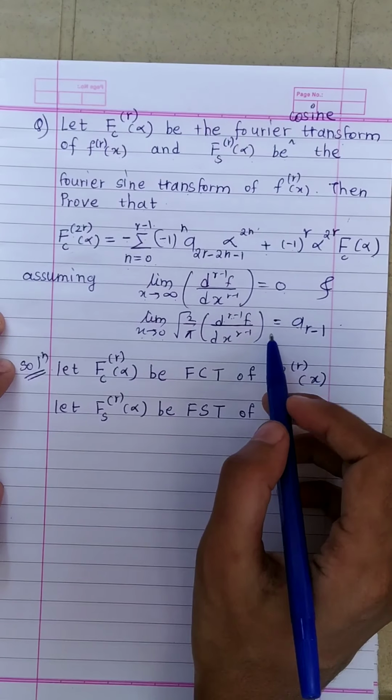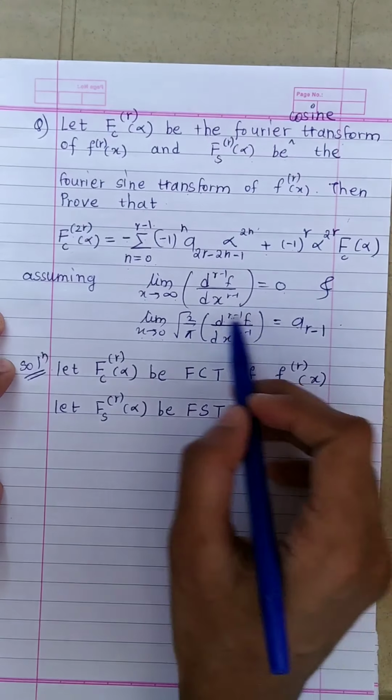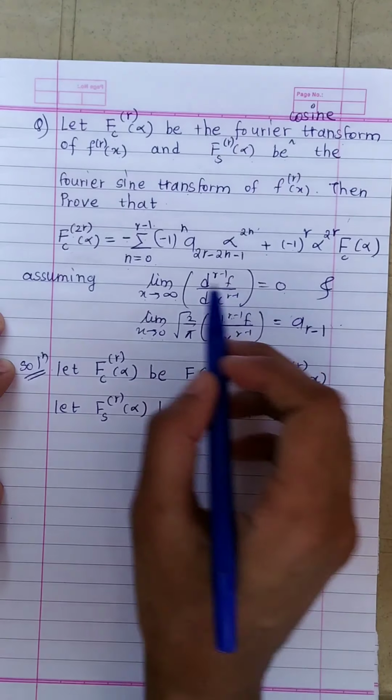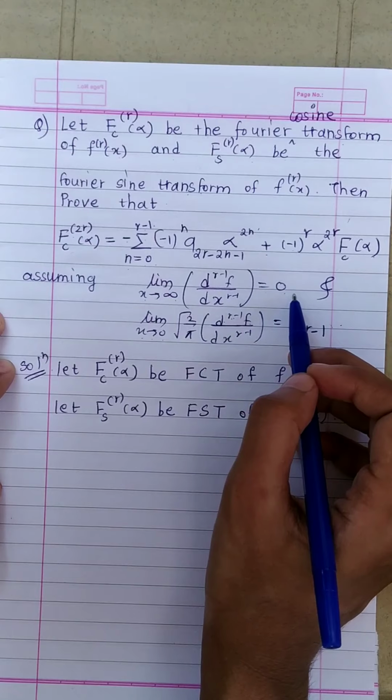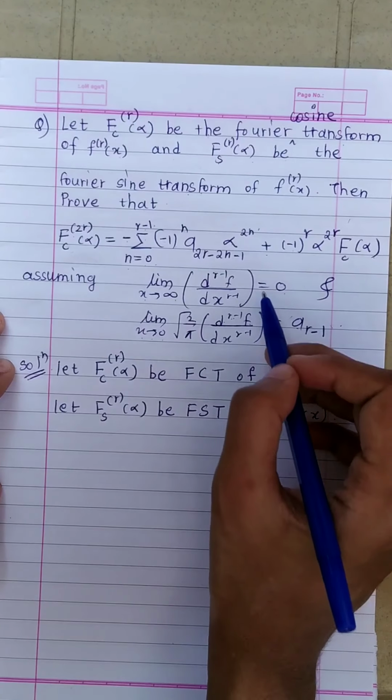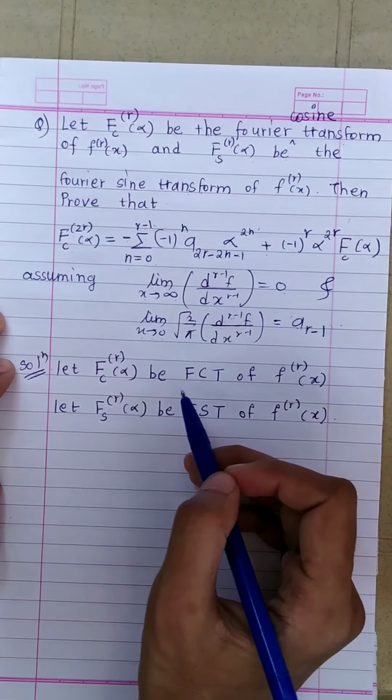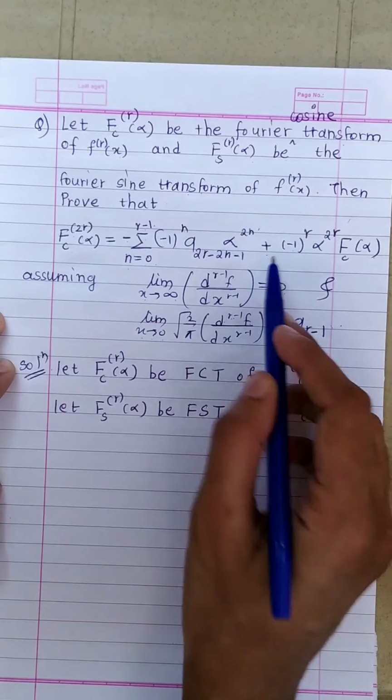We have supposed that this limit is this quantity, and the limit as x goes to infinity is going to 0. So under these assumptions we are going to derive the expression for this.